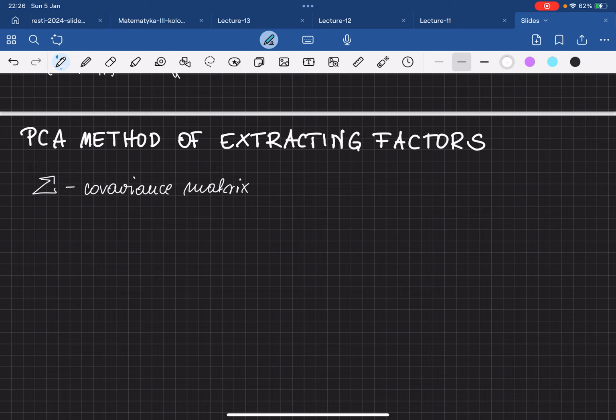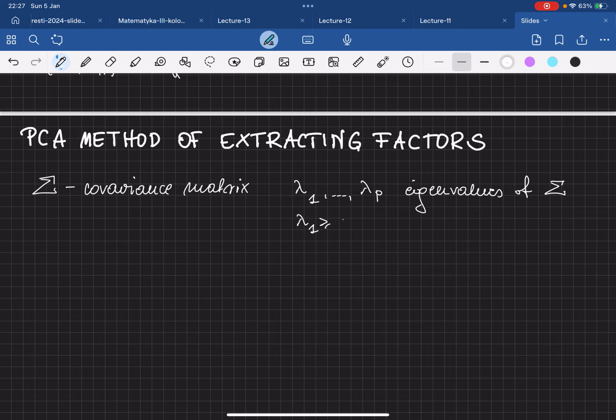Our eigenvalues will be now denoted by small lambda. We have lambda 1 up to lambda p eigenvalues of sigma, and we order them in such a way that the first is the biggest.